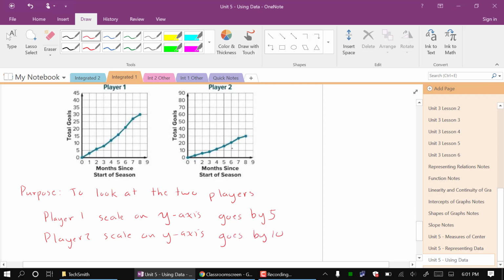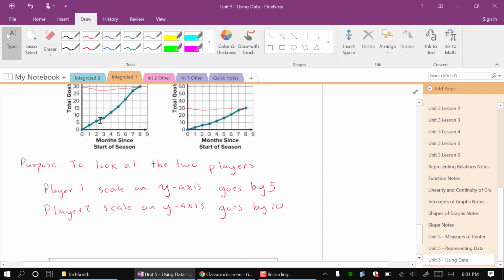And if we look at the last point, right here and right here, both players scored 30 goals. So they're the same. They both scored 30 goals by the end of the season.